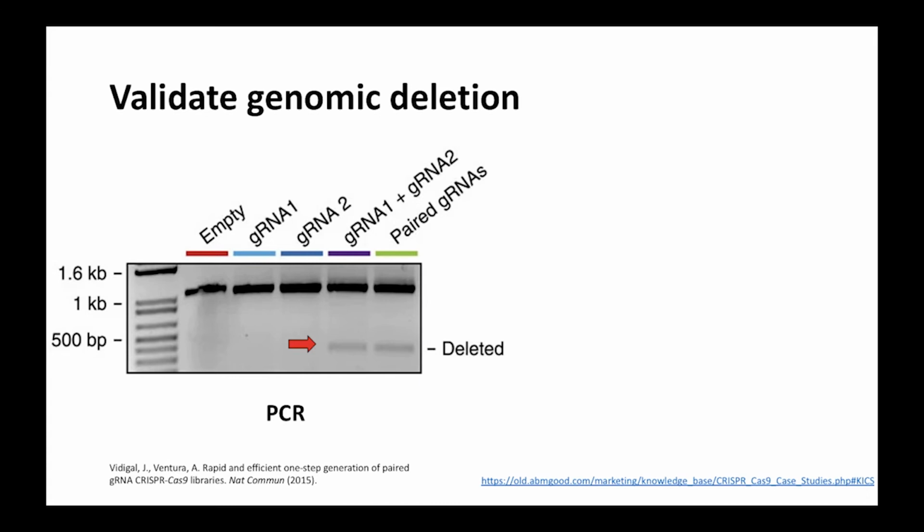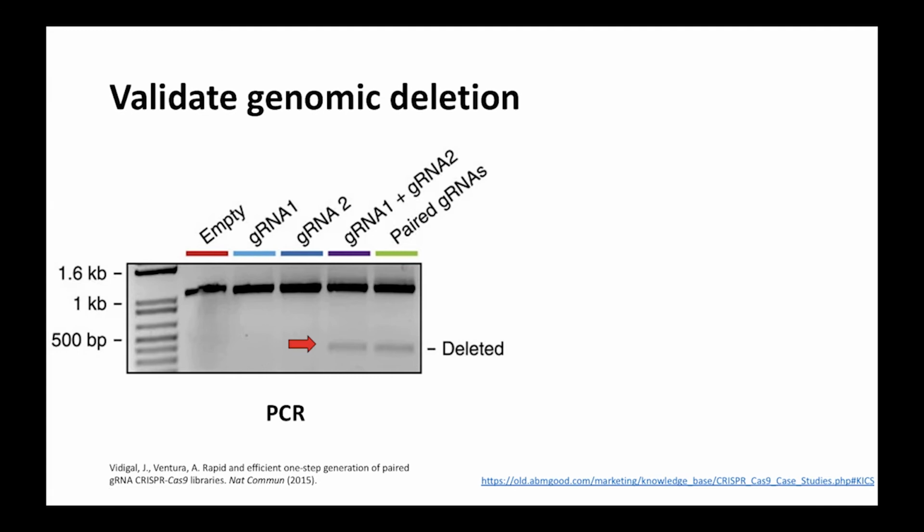If the region of interest is deleted, then that piece would essentially be floating around by itself and would end up being a small fragment of DNA that is amplified, as shown by these small bands right here. Meanwhile, if it is not successfully excised, then when the PCR reaction occurs, you won't see any product, as indicated by the empty lanes here.